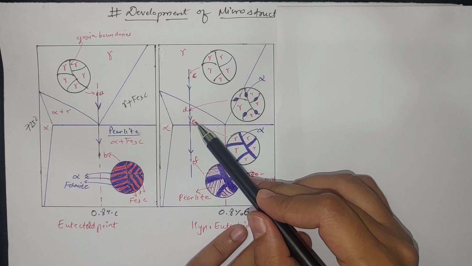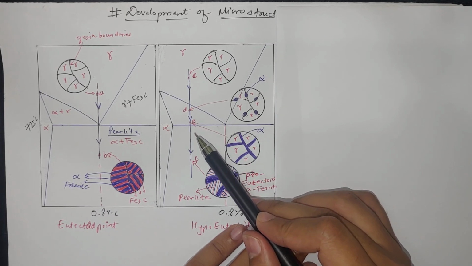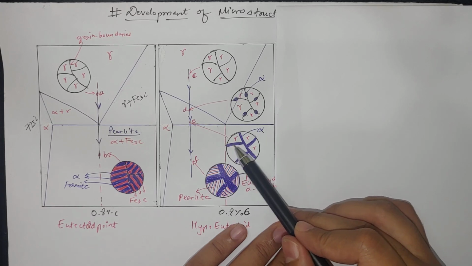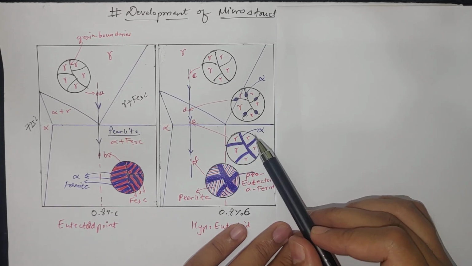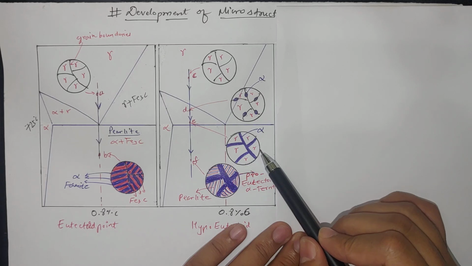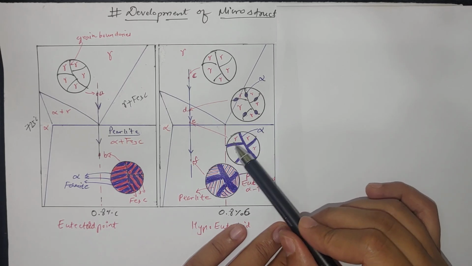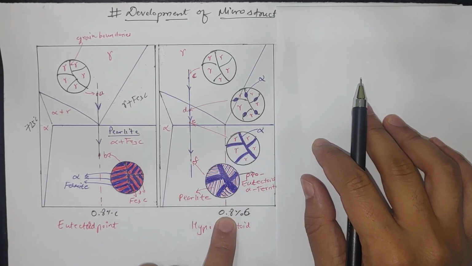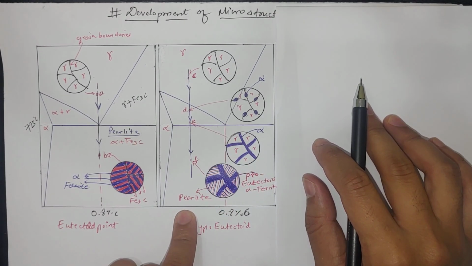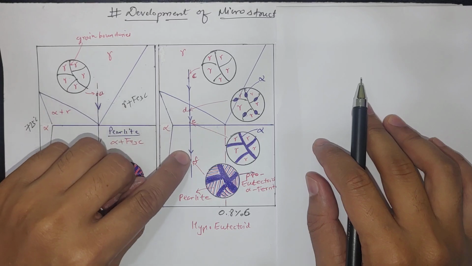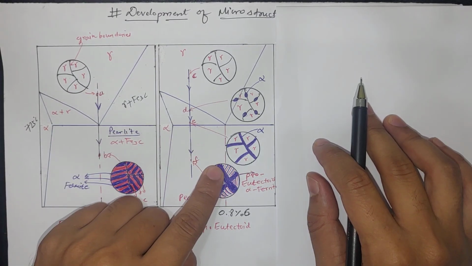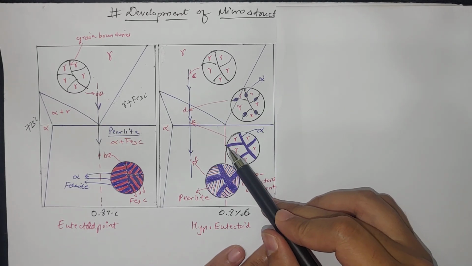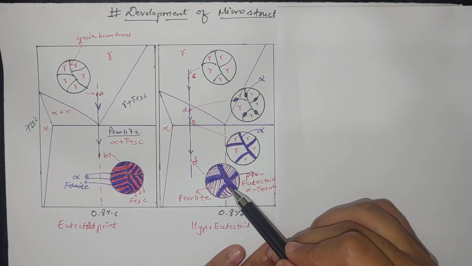Now if we further cool from point D, we reach point E, and here the full grain boundary is converted to alpha ferrite, and inside that there will be gamma present. So gamma austenite and alpha ferrite are present but there is no cementite formation because it is on the left side of the eutectoid point. Now if you further cool it and it enters the zone where pearlite formation occurs, the gamma converts to pearlite and this alpha ferrite boundary gets bigger.